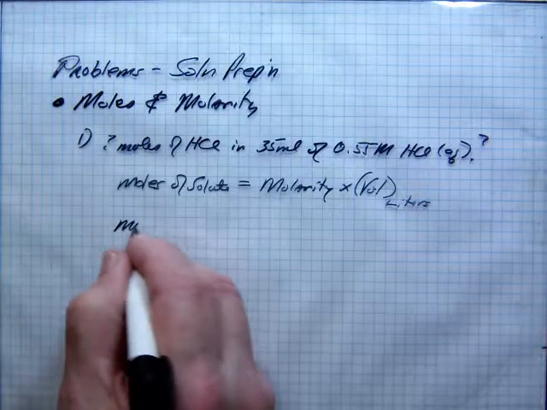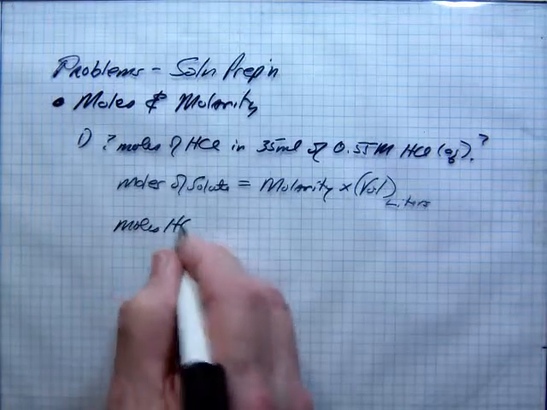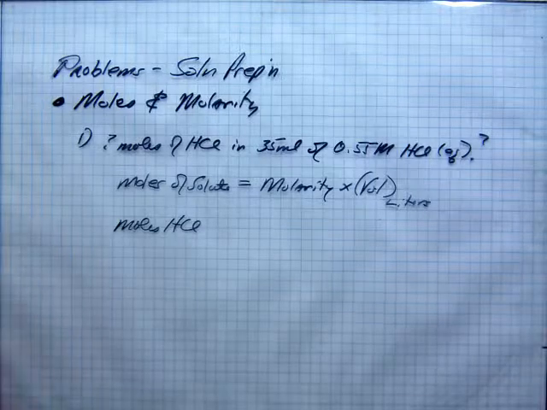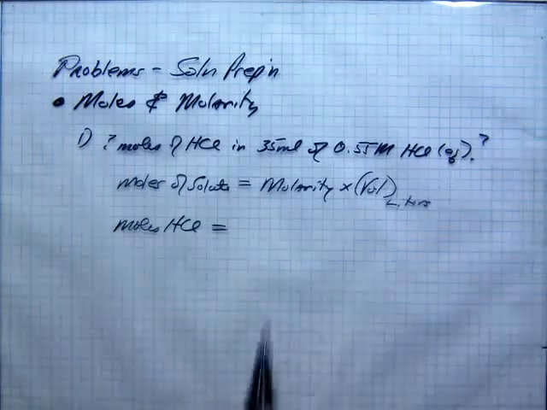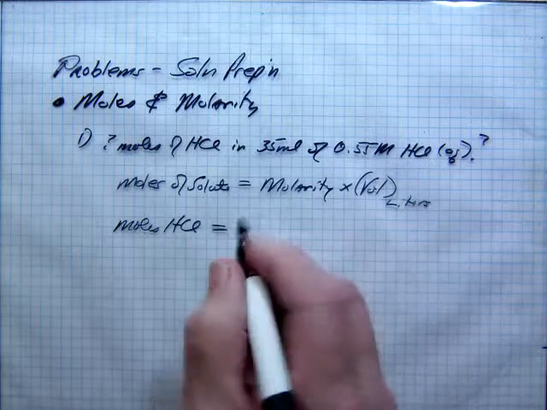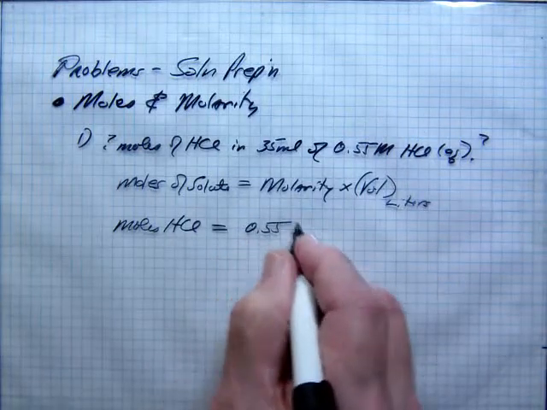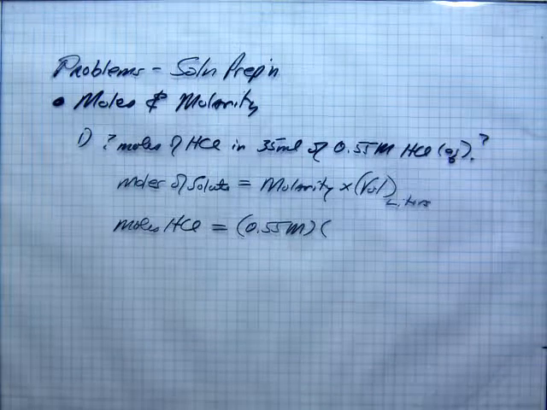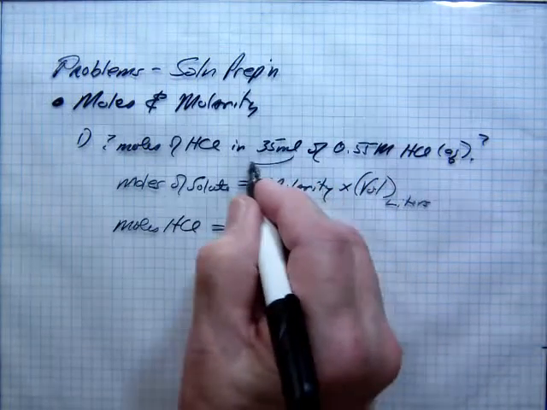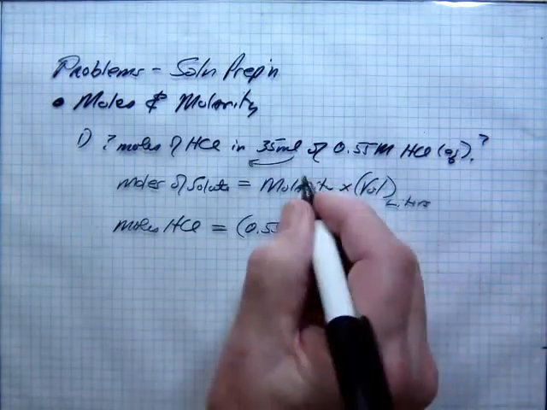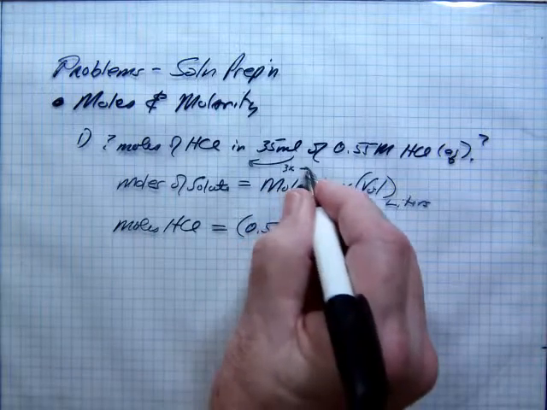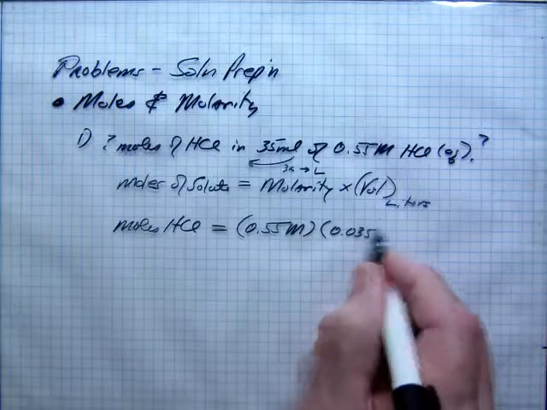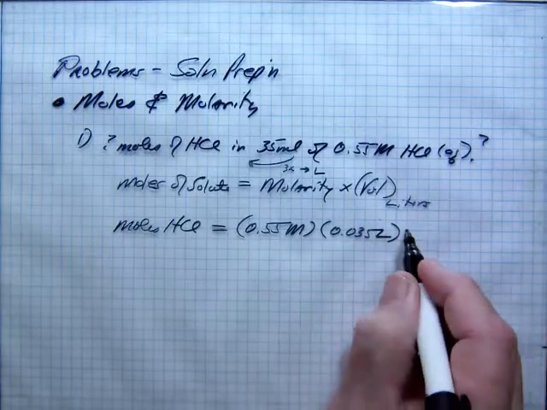So moles HCl, absolute, because we're talking about the moles of compound, is equal to a 0.55 molar solution, and we have 35 mils. Well, you want to move the decimal 3 places to the left to give you liters. So 0.035 liters.